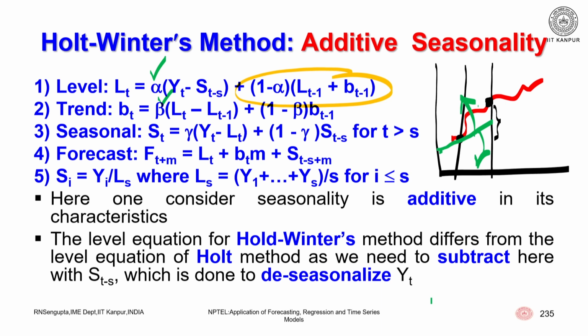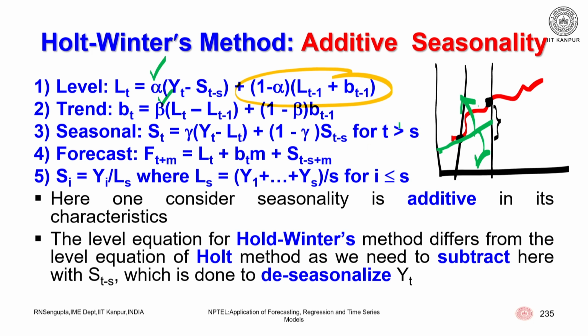Now, if I consider seasonality, there is a third factor, gamma, which is coming, these are the weights. We try to find out the seasonality based on the actual value and the level. The actual value and the level would give me the difference and the weightages. In a similar sense, if the seasonality cycle is there, I will give the weights according to gamma and 1 minus gamma.